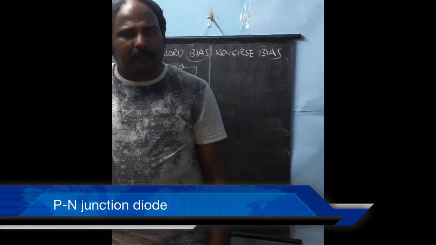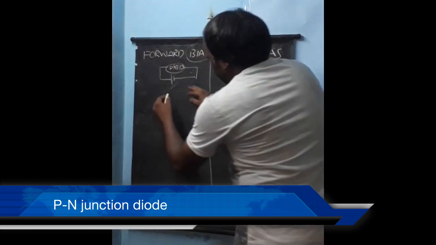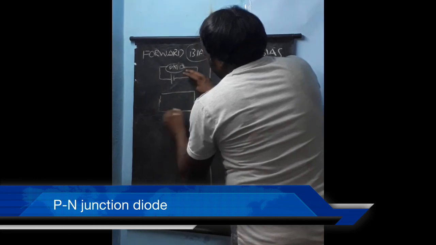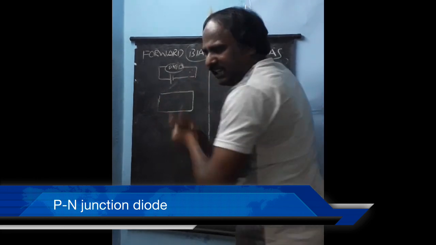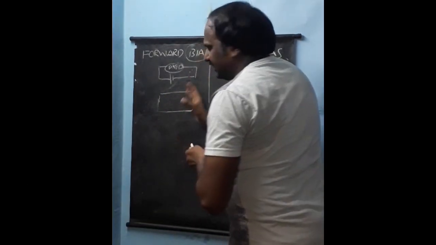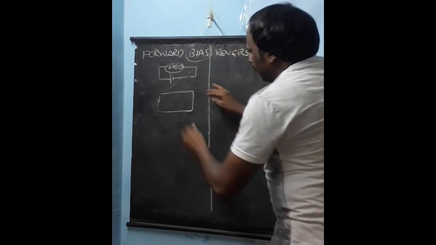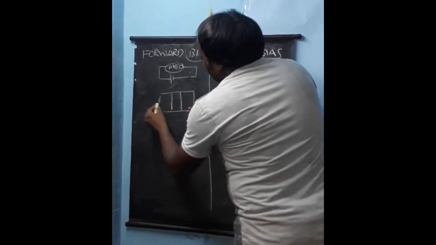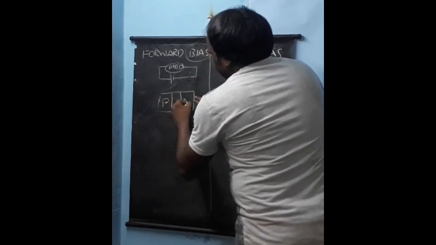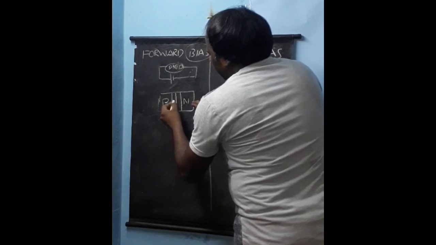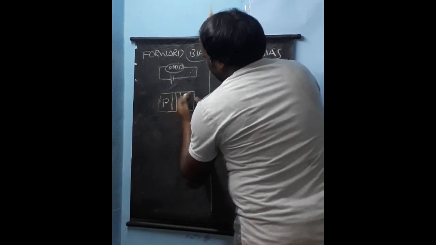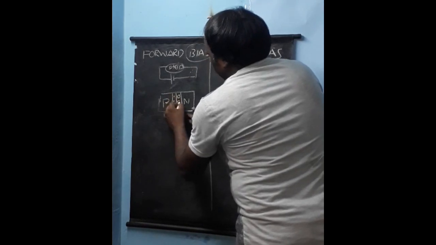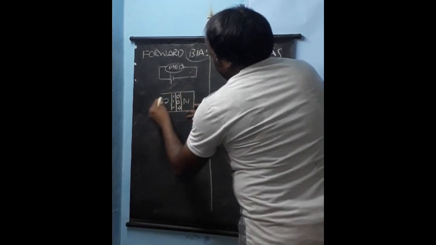What is forward bias? Just see the diagram. We take a PN junction diode. This is P, this is N, this is the depletion layer. In the depletion layer, electrons are towards the P region and holes are towards the N region.